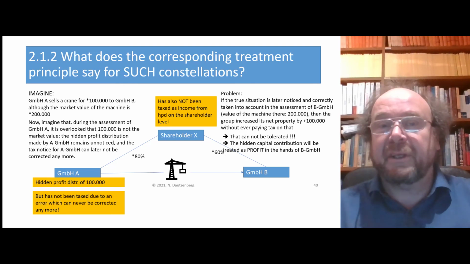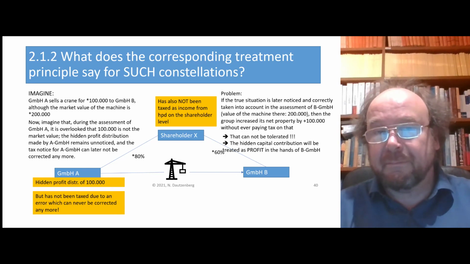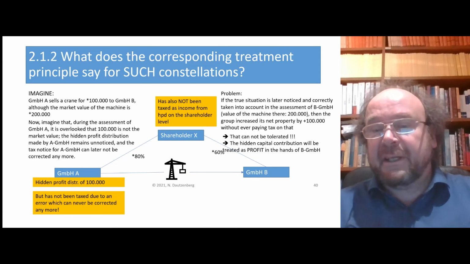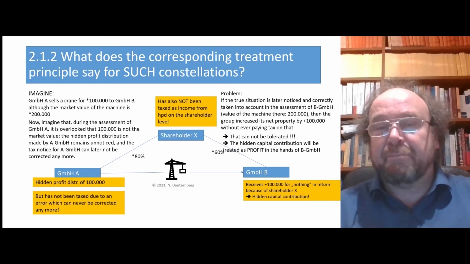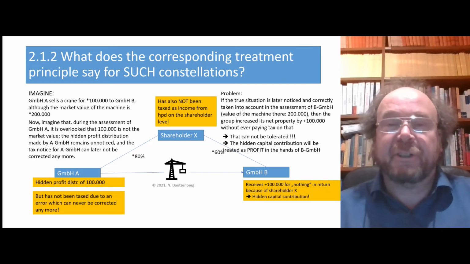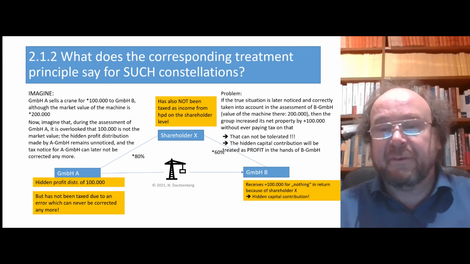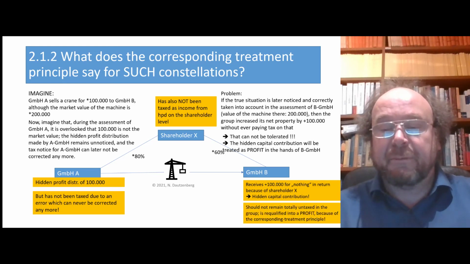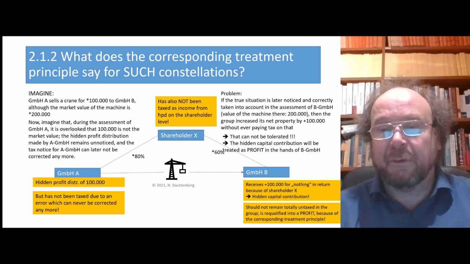Now it could also be that even when the shareholder was taxed, that was not seen, so that in the end we have only the possibility to say that, okay, if the money has been passed on now from shareholder X to GmbH B and it has not yet been taxed on the both other levels, then B receives a contribution which violates the corresponding treatment principles, so we would have to requalify that into a profit so that the money does not end as totally untaxed income within the group.